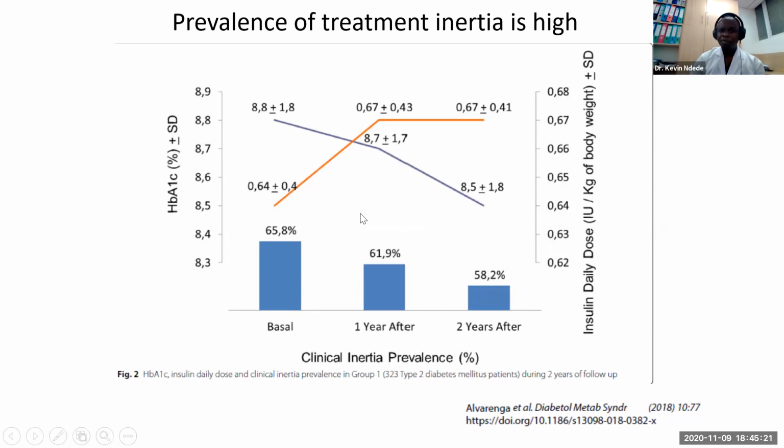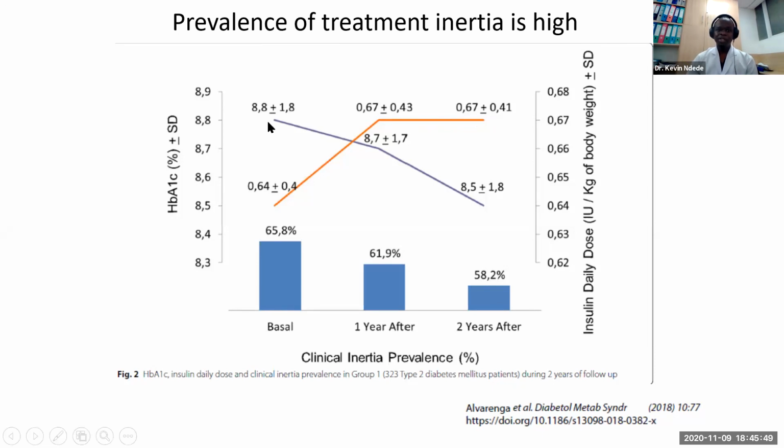What we can also appreciate is that initially the dose of insulin was 0.64 international units per kilogram body weight. So in the first year, there was good intensification. But subsequently, for the next 1 year, the majority of the patients plateaued on the insulin dose that they got.